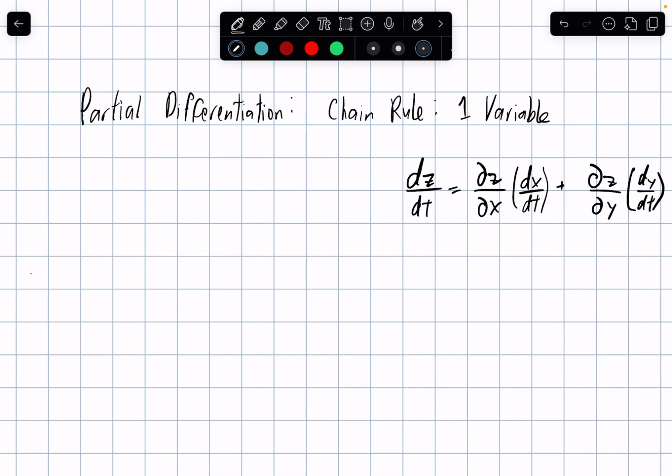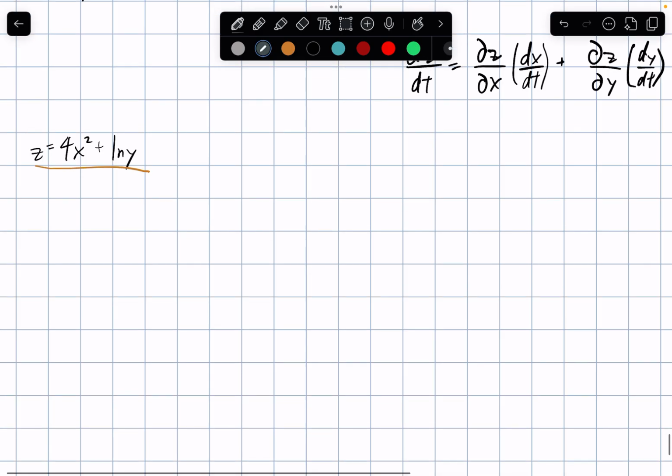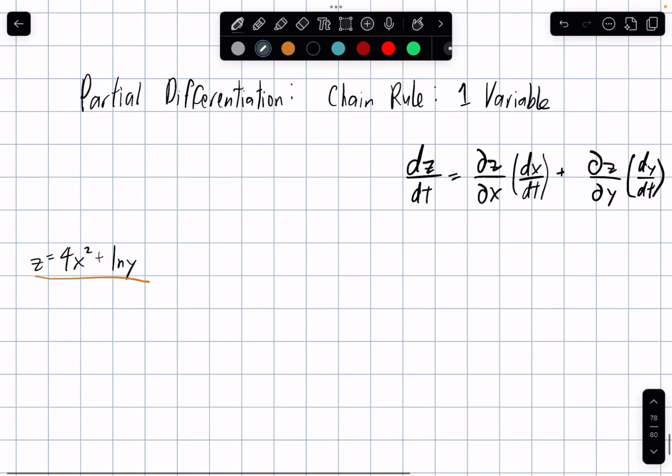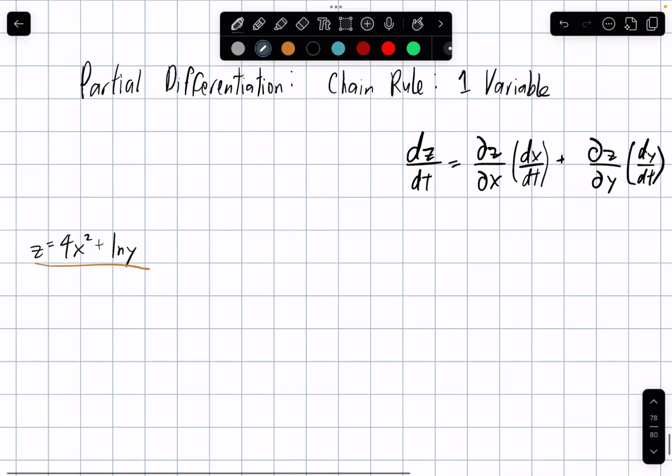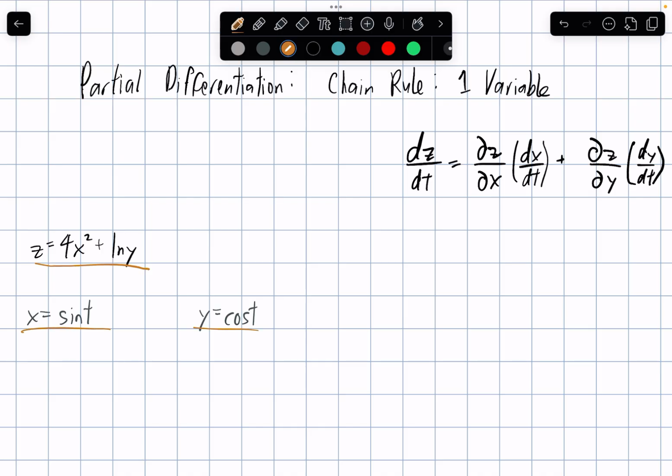Let's have an example. We have z equals 4x squared plus ln y, and we are given extra information, which is what makes partial differentiation involving chain rule unique: x is going to be sine t and y is going to be cosine t in this example.